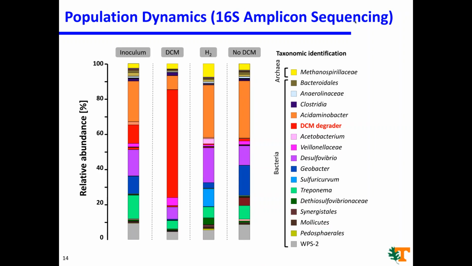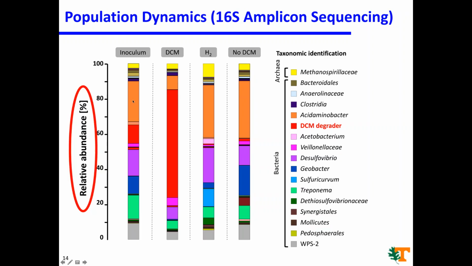And now this is what I would like to point out, very important. We get relative abundance information. So we can, for example, say, in this example here, the DCM degrader is the most abundant population and makes up probably 70% of the entire community. And this orange population has a relatively lower abundance.